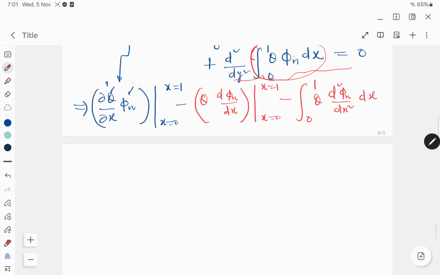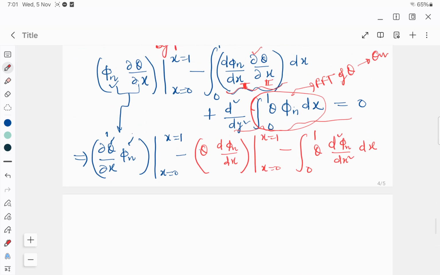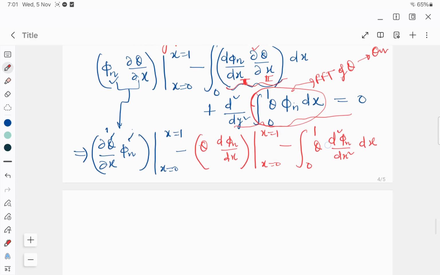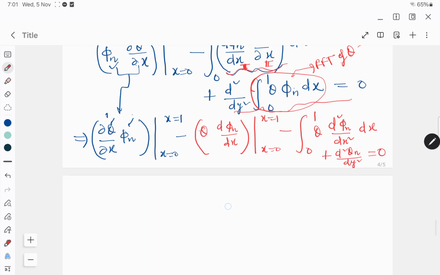So we can write it easily: this is theta n y, plus d2 theta n over dy square is equal to 0. So this is what we got.